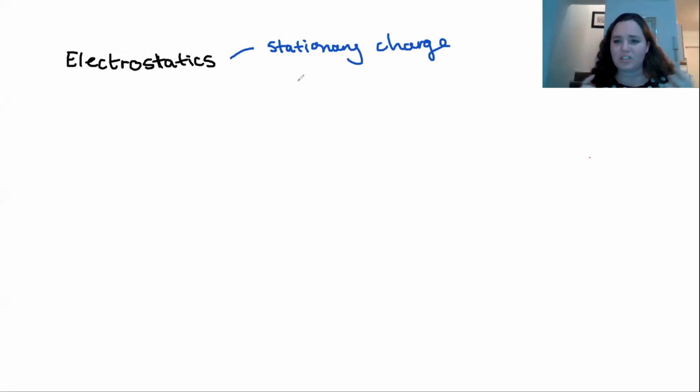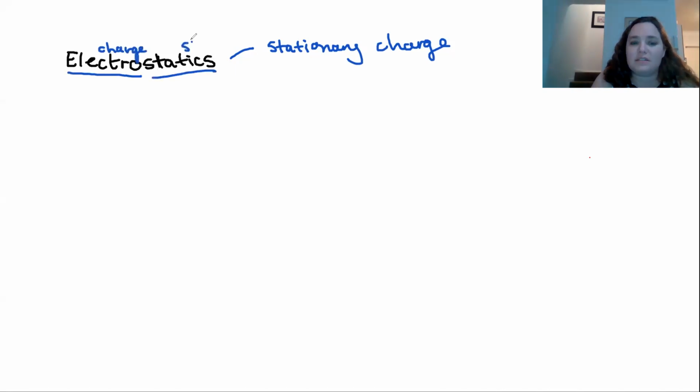Some people say charge is at rest, but basically it's charge that cannot move. When we deal with charges that actually are moving, that's your electricity and your electric current. So here we're specifically focusing on charges that can't move. The word static means stationary.